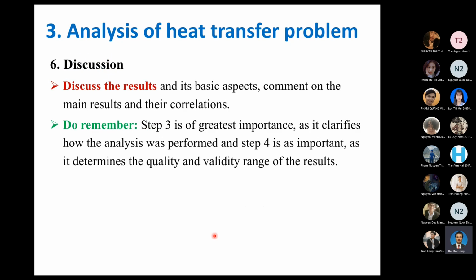Okay, the last step is recursion. Okay, after you solve the whole problem, you get the number. Okay, you get the answer. So the final step is also very important. Okay, so discuss the result. Okay, after you got the result, you need to discuss the result, and basically comment on the main results and the correlation.